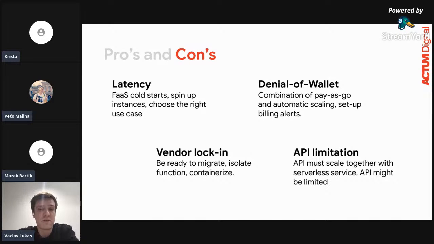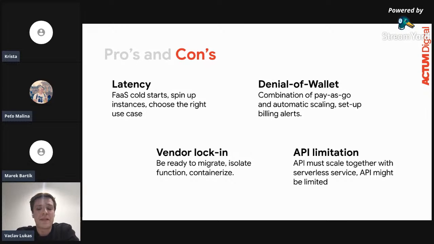So you might scale until you run out of money. And again, that is just a heads up to pay attention to how your infrastructure is set up. You can set up billing alerts, but they don't save you. They might warn you that you are going to spend a huge amount of money, but with great scaling comes great responsibility, so to say.